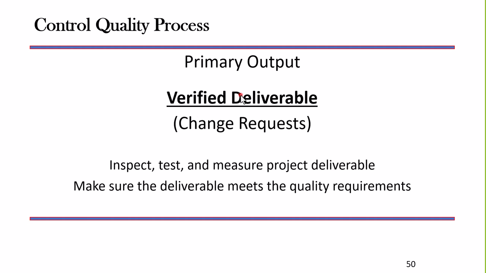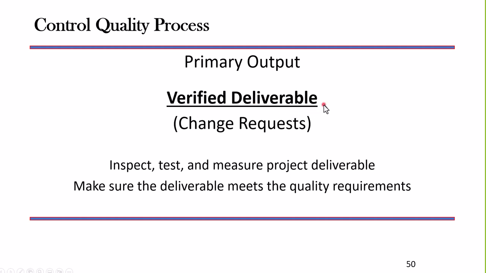In Control Quality, what I'm going to do is a point-by-point inspection of that deliverable to make sure it meets the quality requirements, the specification requirements. If it meets those specification requirements, then it's going to flow out of Control Quality as a verified deliverable.